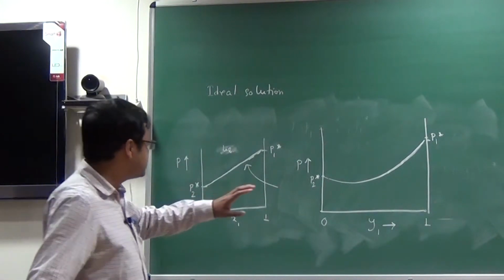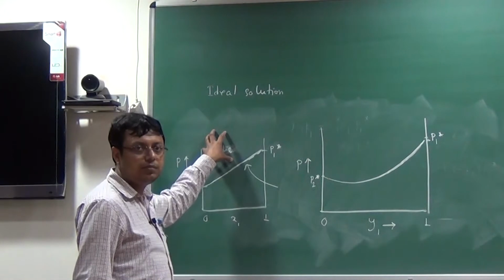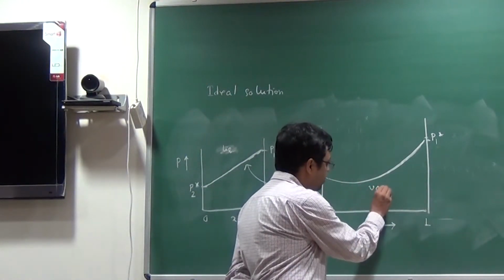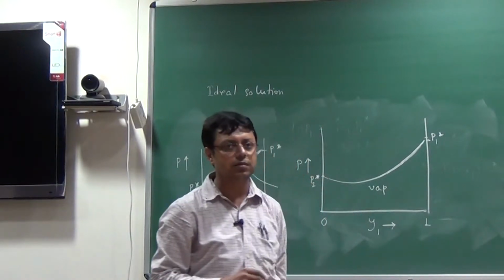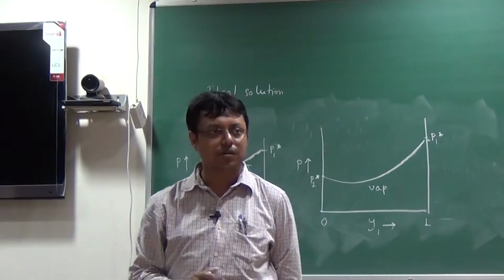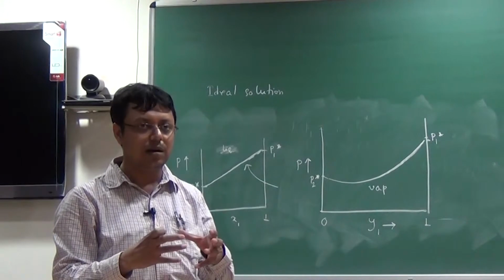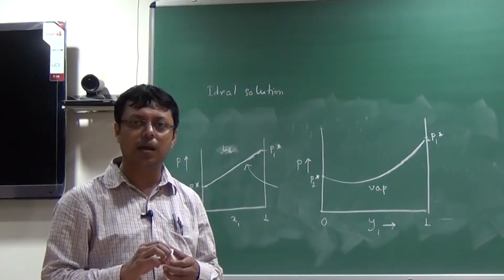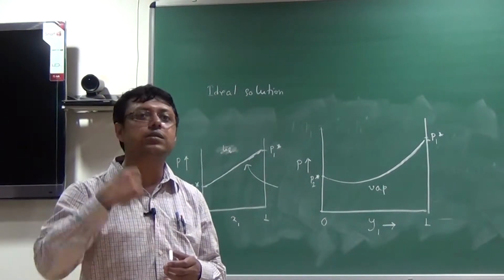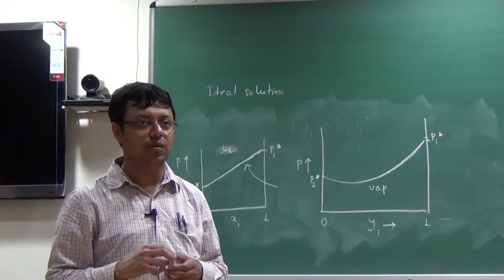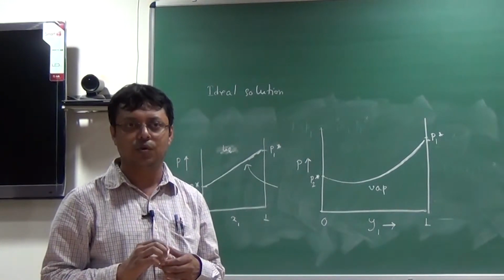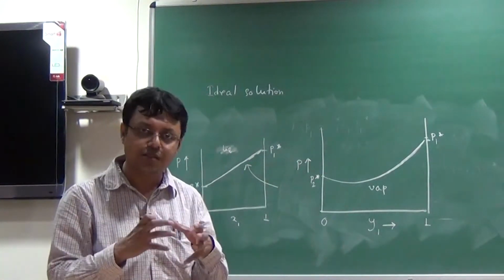Just like this describes the liquid variation, this thing describes your vapor or gas phase variation. In the earlier case I was writing only x1. Why? Because remember that 2 was not present in vapor. Only in the solution phase do I have the two things present, so the mole fraction has a meaning only in the solution phase.